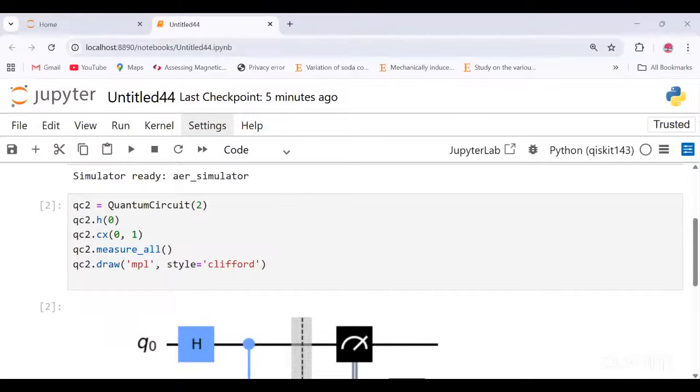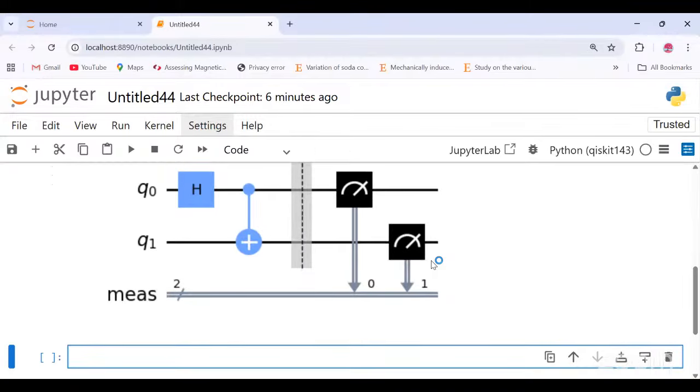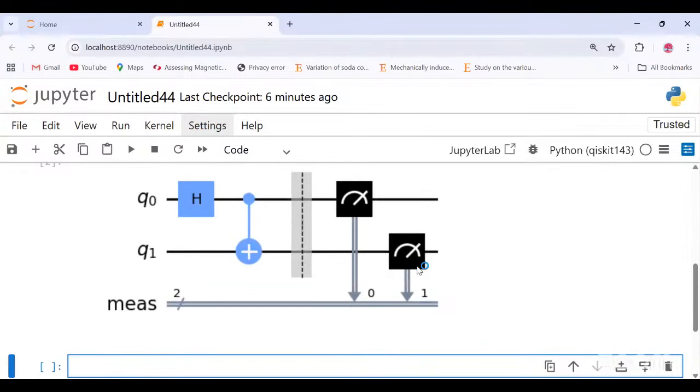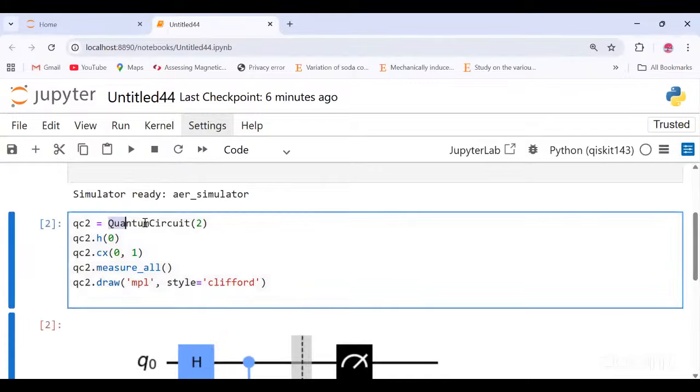I think all of you are able to see this. So what are we doing? QuantumCircuit is the word we are calling, and QC2 is the input. Then we call the Hadamard gate, then the CNOT gate.